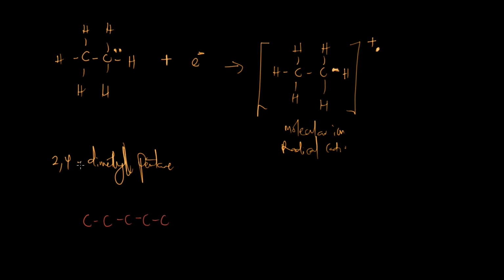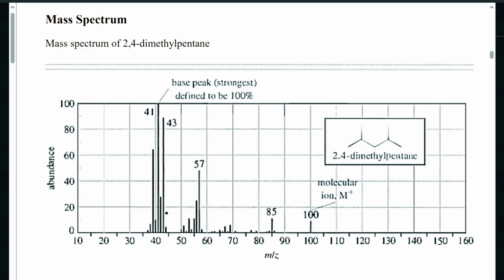And so for 2,4, we have a CH3 on carbon 2 and a CH3 on carbon 4, and the rest are hydrogens. So this is basically 2,4-dimethylpentane. So let's look at the structure there. So basically, looking at this spectrum, we have this.